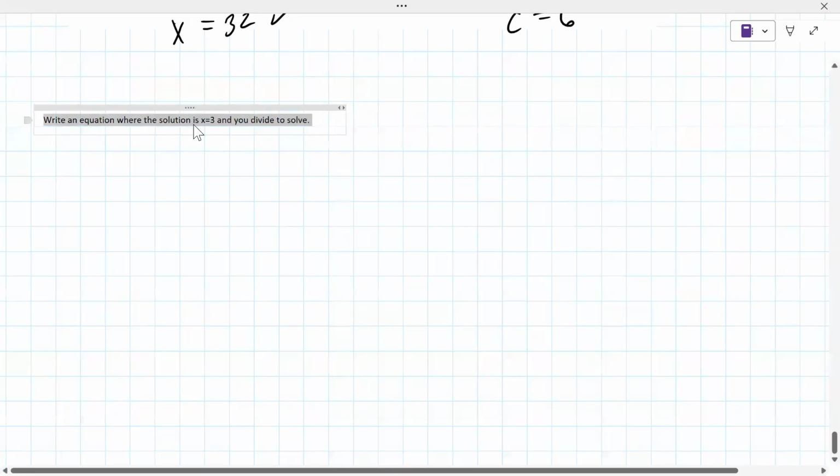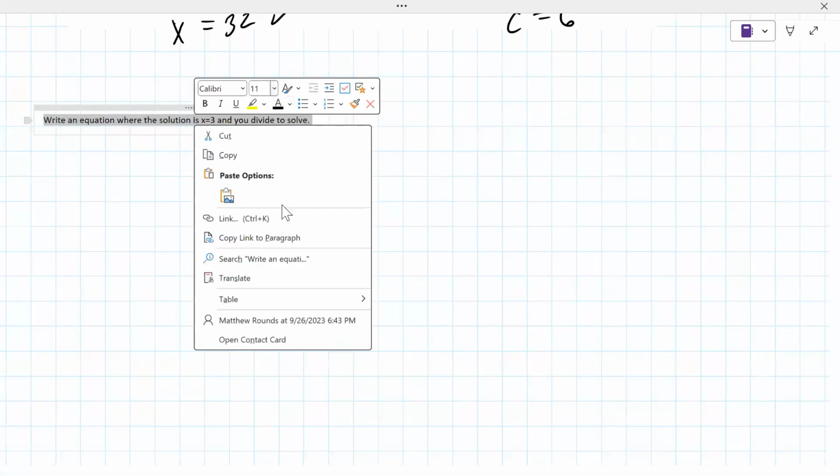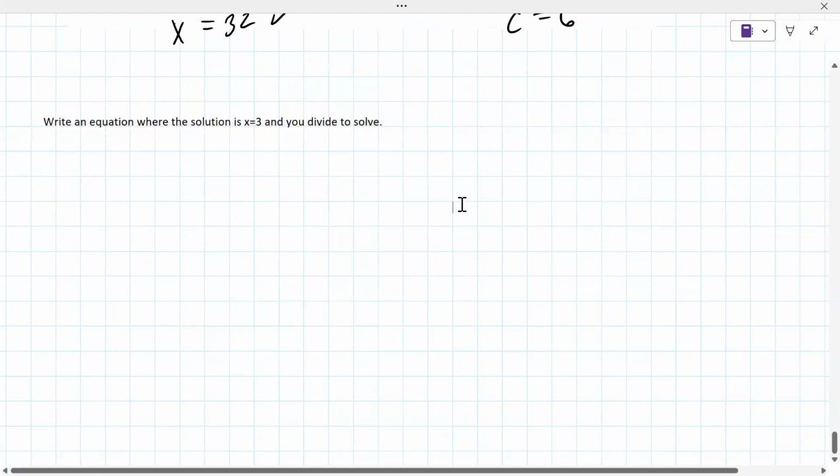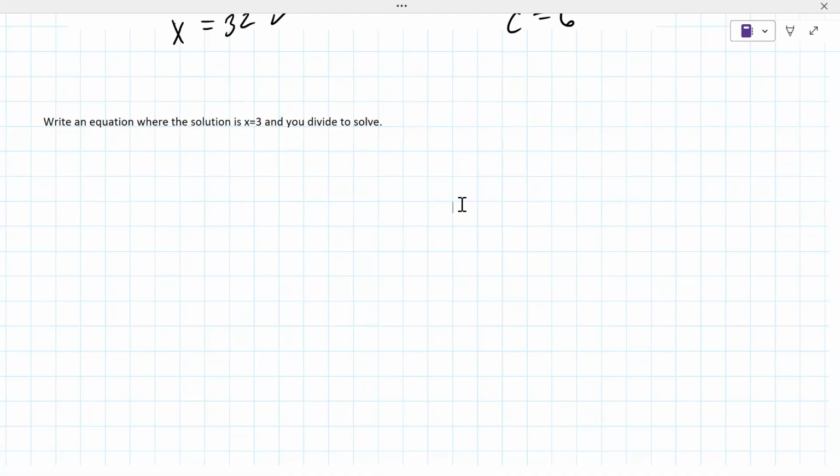So how would that be? An equation where the solution is 3. So x equals 3 is the solution. Yep. Okay, so let's try this.